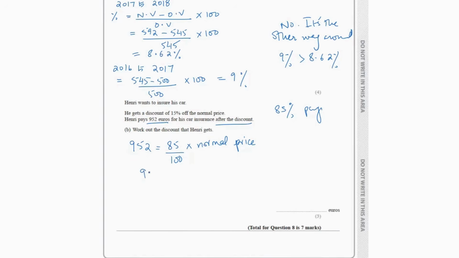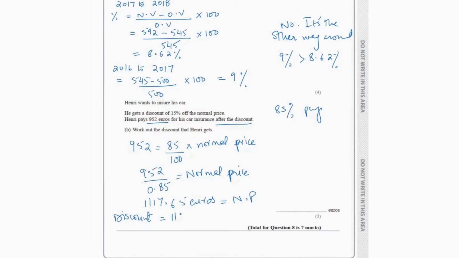So then it would be 952 divided by 0.85. And that would give us the normal price, which is going to be 1,117.65 euros. I'm going to round it to 2 decimal places. That is your normal price. So now to figure out how much discount he's getting, discount is going to be the normal price minus the new price.